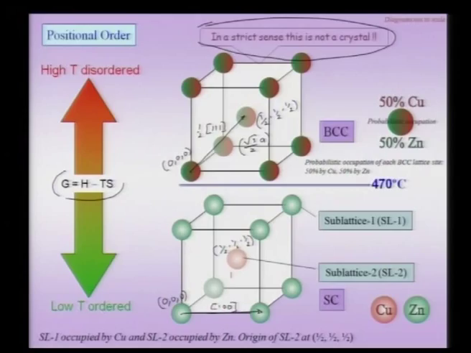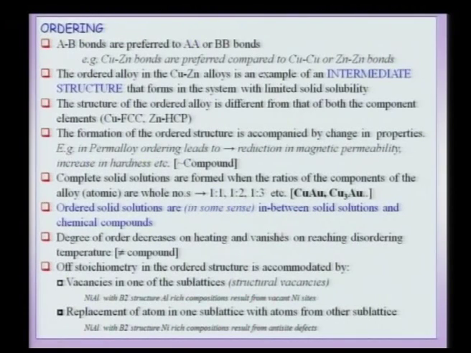So, it has got an 8-fold coordination of zinc around the copper atoms. In this case, of course, the environment is random. So, there is no specific coordination out there, and therefore, whenever an atom prefers different types of neighbors, that means the AB bonds, the copper-zinc bonds, are more energetically favorable as compared to the AA or BB bonds, then you find the phenomenon of ordering.